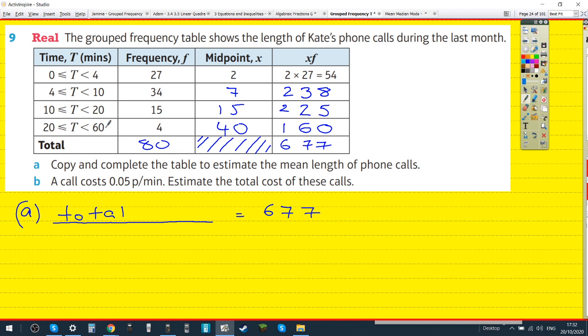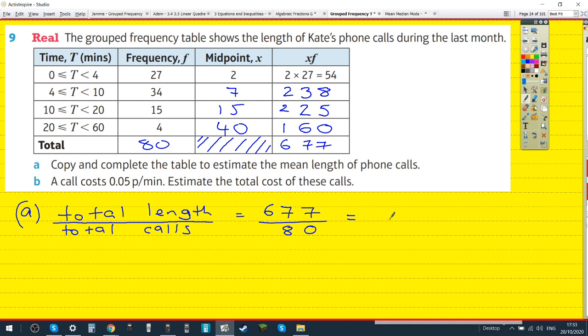There's 4 categories. It would be total calls, like total frequency, which was 80. Okay.